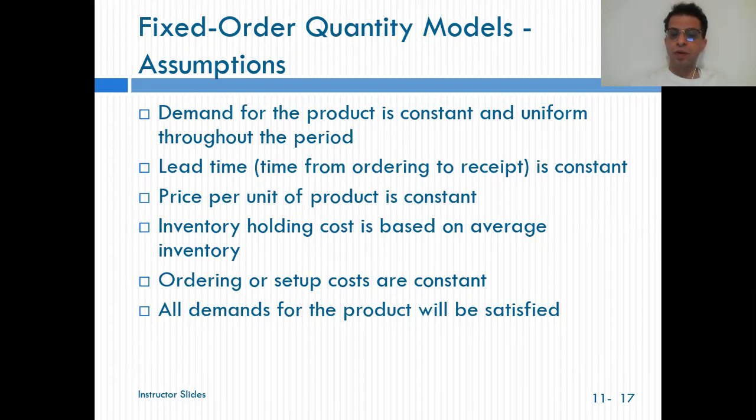The price per unit of the product is assumed constant. Inventory holding cost is based on the average inventory. And the order or setup cost is also assumed constant. It has to be constant in order to go through these. And all demands for the product will be satisfied.